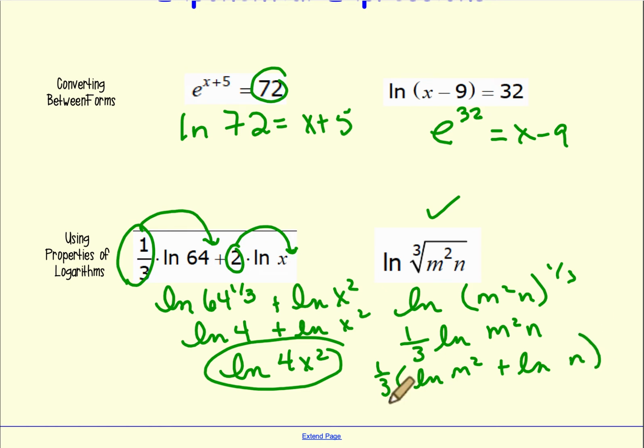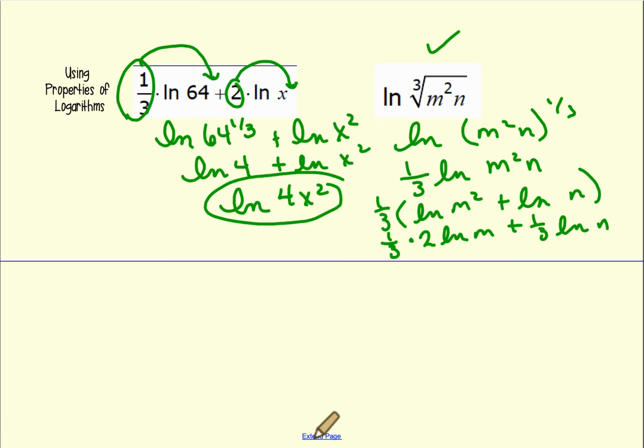So that's going to give me 1/3 times 2 natural log of m plus 1/3 natural log of n. And I can finish that up by simplifying: 2/3 natural log of m plus 1/3 natural log of n.